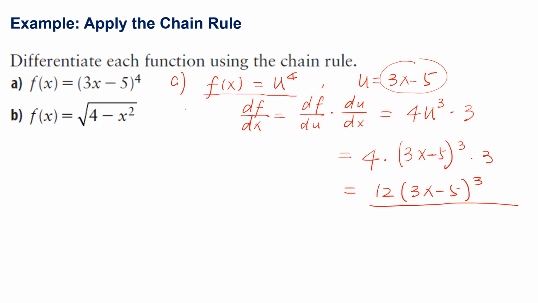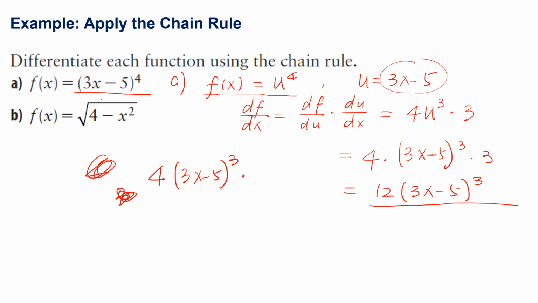If you are very familiar with the chain rule, you can also express that without explicitly stating the u here. You can treat this as a composite function, right? So the derivative of f(x) with respect to x is the derivative of the exterior function, which means something to the power of 4. So first of all, we find the derivative of something to the power of 4. So that's basically 4 times (3x minus 5) to the power of 3.